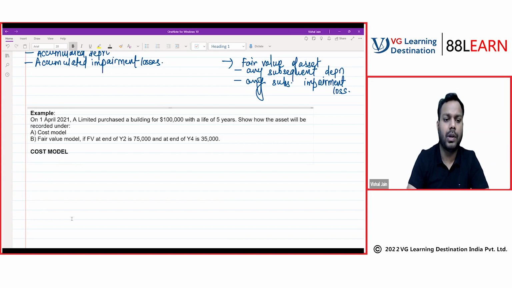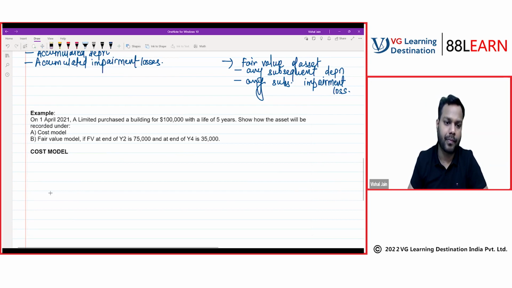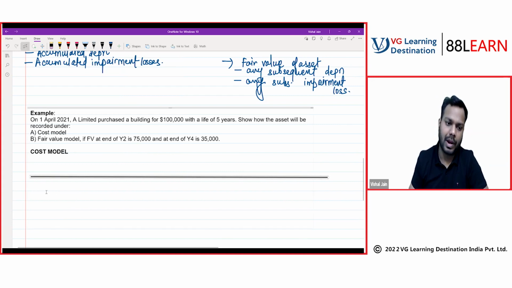In the cost model, how will you record the asset? The life is 5 years.